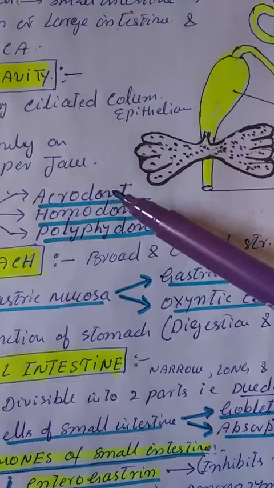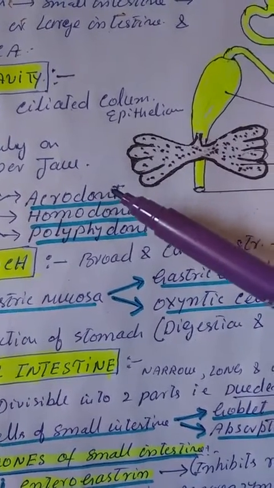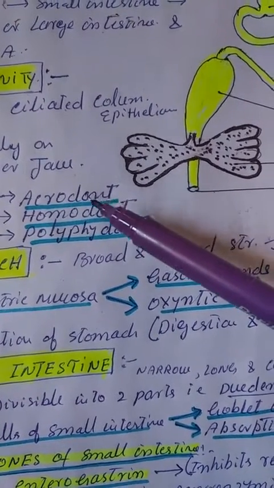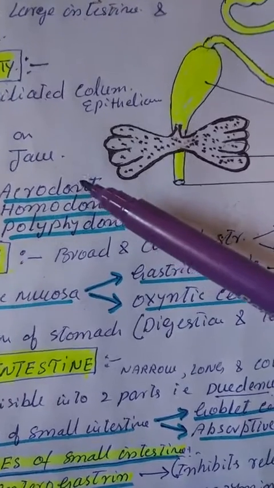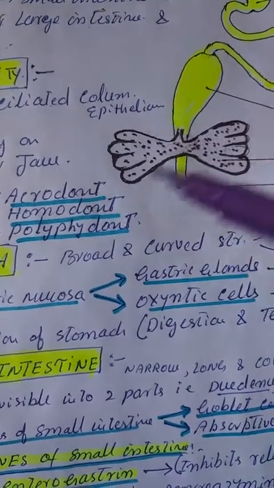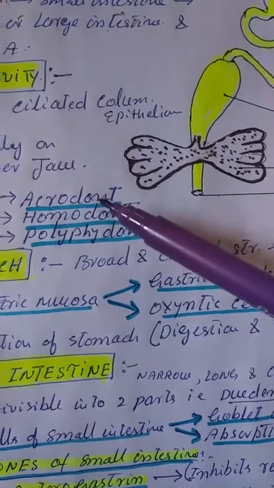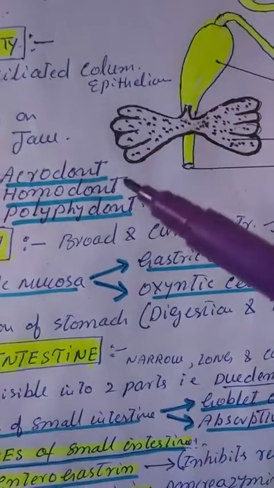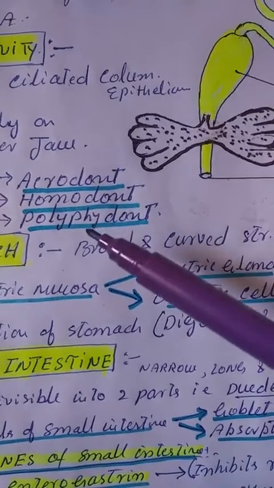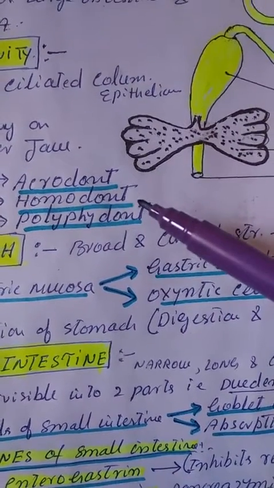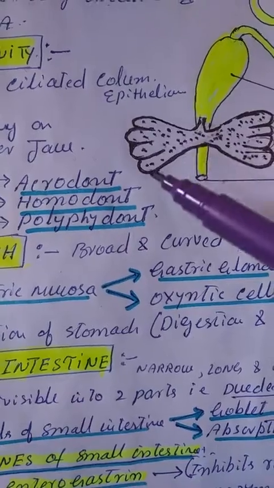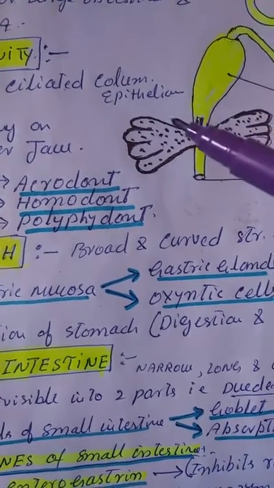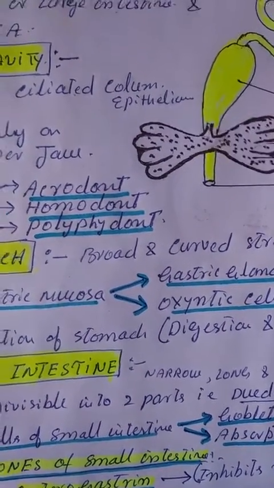Acrodont means that these teeth arise directly from the jaw bones. Homodont means that all teeth are alike, and polyphyodont means that these teeth arise many times in a lifetime.